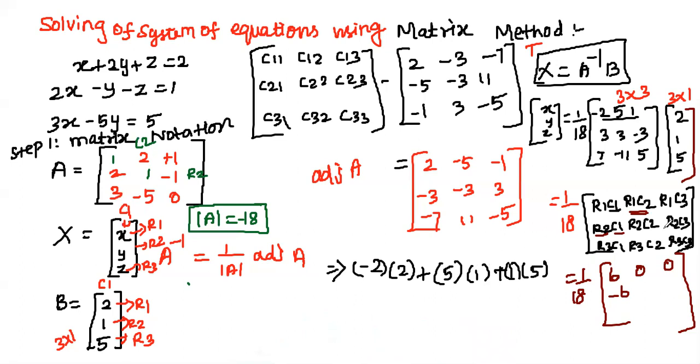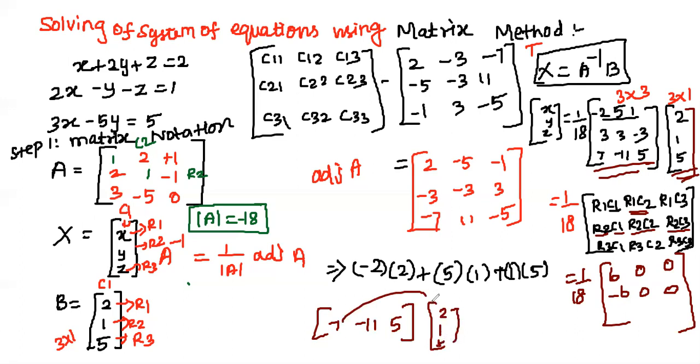And row 2, column 2 and row 2, column 3 will be 0 only because we don't have any column 2 and column 3 in the second matrix. And row 3, column 1. This is row 3 from the first matrix, column 1 from the second matrix. So it's 7, minus 11, 5, and 2, 1, 5. Again, you'll be multiplying this, this, this.